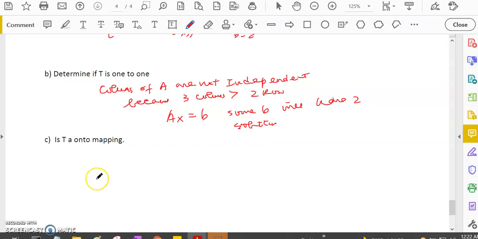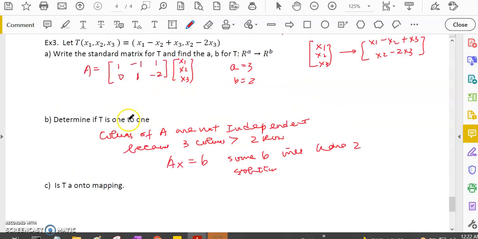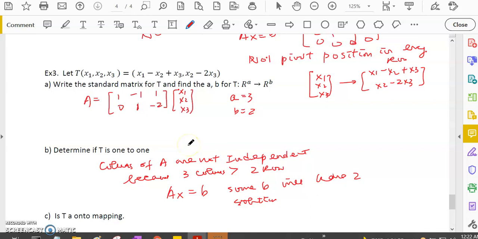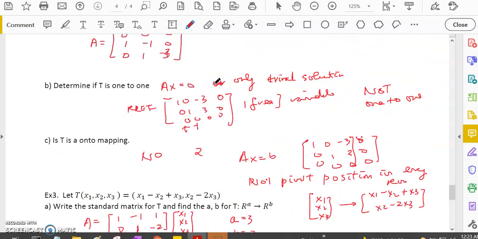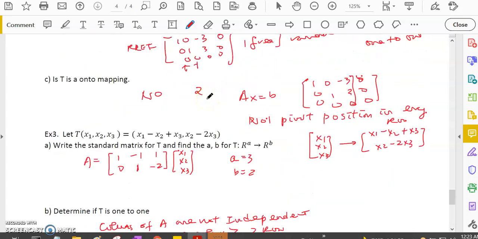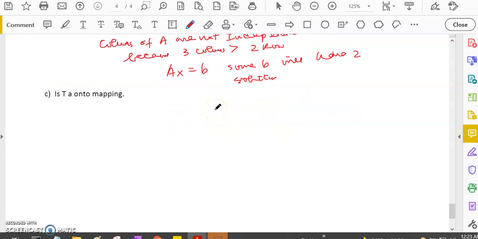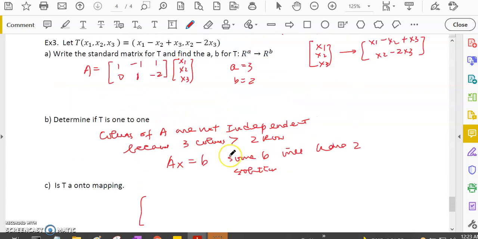What about onto? Onto means they can map to all of R^m. For onto, we look at rows. So we have to do the row echelon form of this.